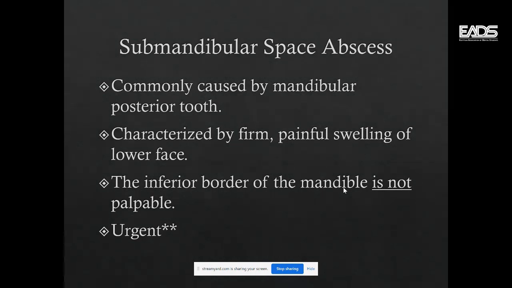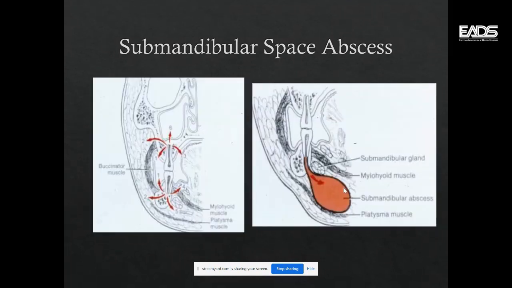That's why this one is very urgent, and it's also dangerous for the patient. This is how it looks like. It starts from the mandibular molar tooth, and it can spread to the submandibular space.